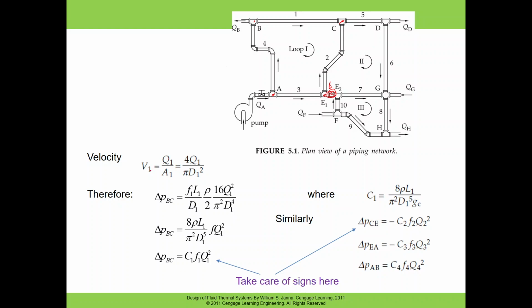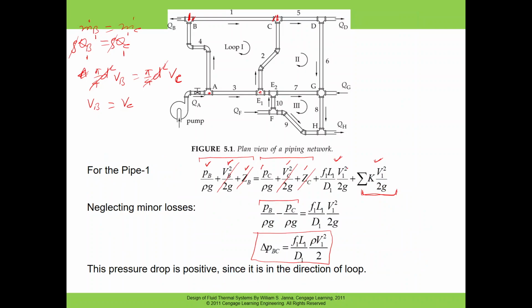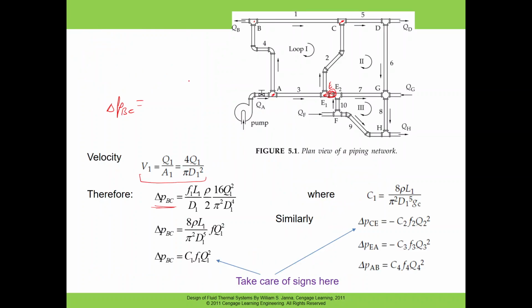So here we know that this is velocity, which is q1 over a1, and which can be written for q1 over pi d1 square. So when we have this delta p bc, which is basically from the previous slide, delta p bc, which was f1 l1 over d1 v1 square over 2g.